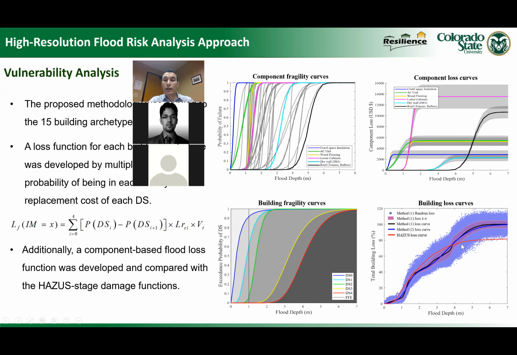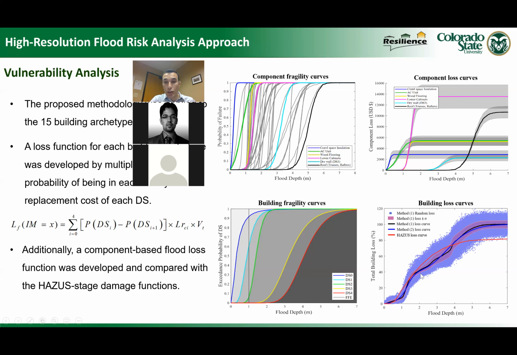One of the flood loss functions that we developed is based on the water. When the water goes up, we account for which components got damaged, and this was done using Monte Carlo simulation. So at each flood depth, let's assume that we have a flood depth equal to 2.